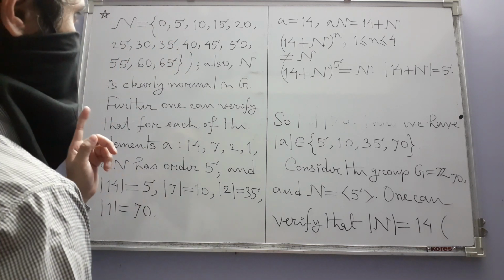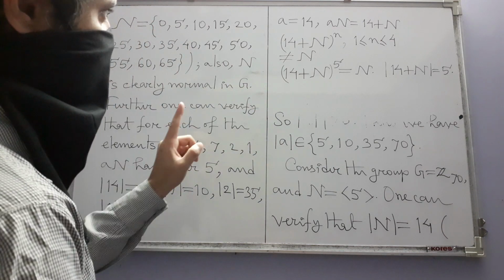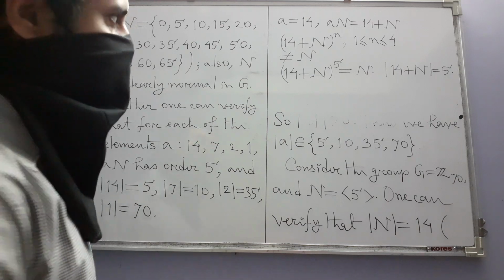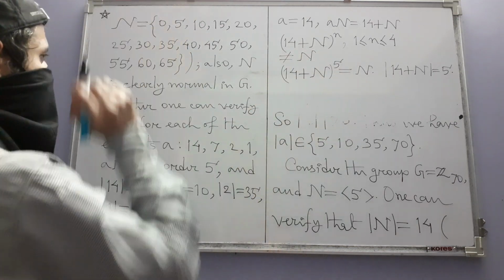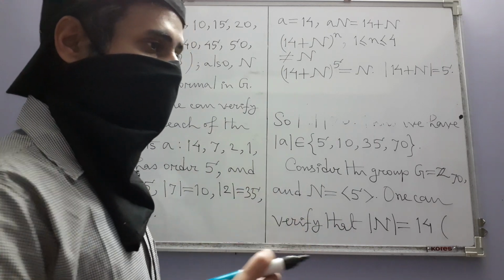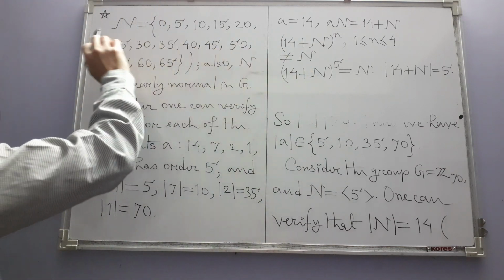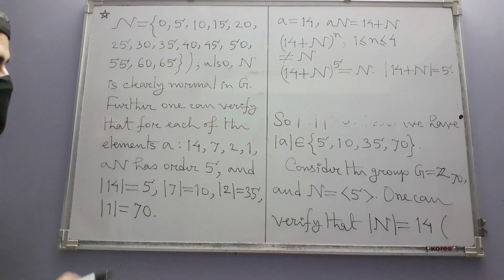No. And you combine that information with the fact that the cosets are disjoint. So definitely 14 plus n itself cannot be equal to n, because distinct cosets cannot have common elements. So if 14 is not there, then 14 plus n cannot be equal to n.